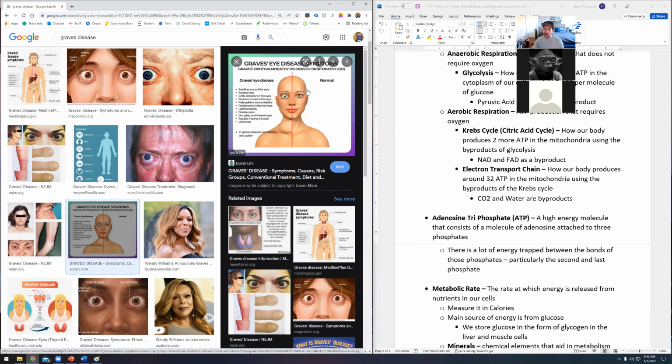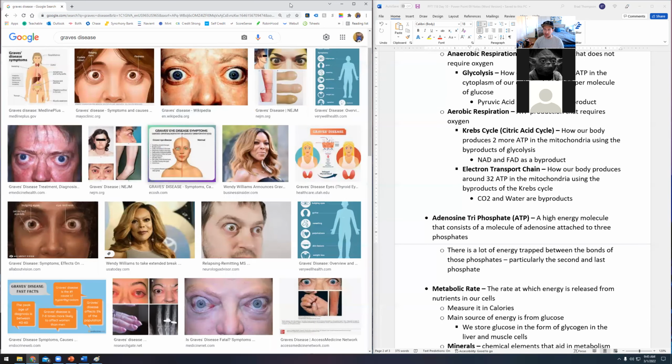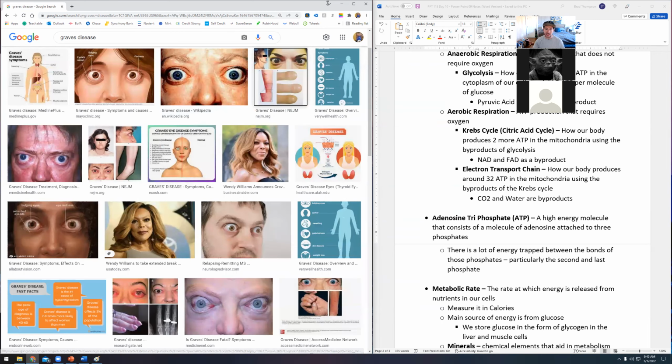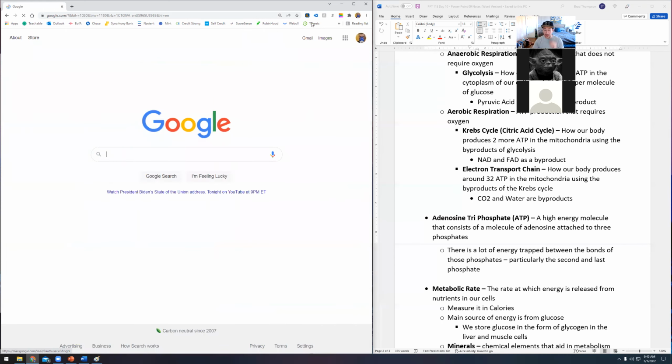So it's not a great choice to take extra thyroid medicine, right? It does all kinds of other things too. It causes swelling, and you can see here the thyroid is causing massive amounts of growth and fluid buildup. So that's what Graves' disease is.